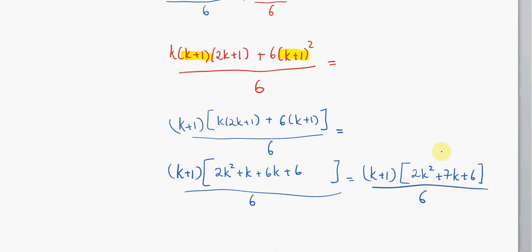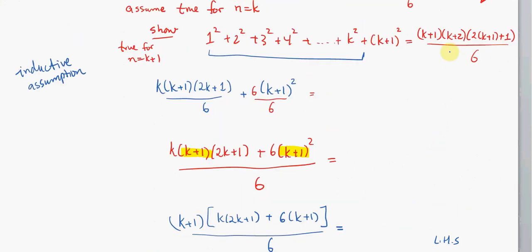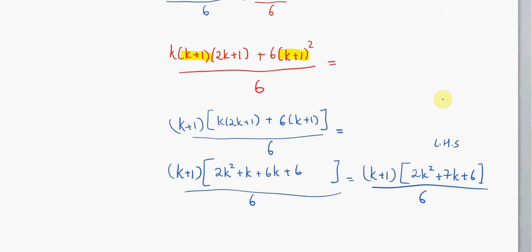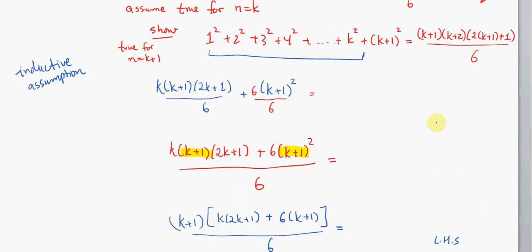So this is our left-hand side, right? You see, we could keep on trying to factor it, but it may also be helpful at this point for us to just work through the right-hand side a little bit.